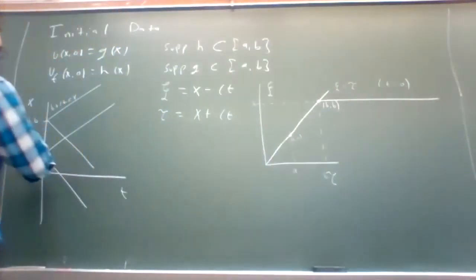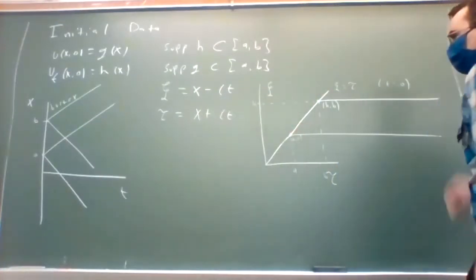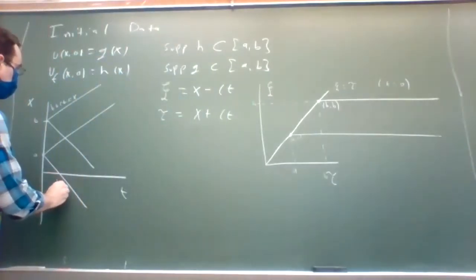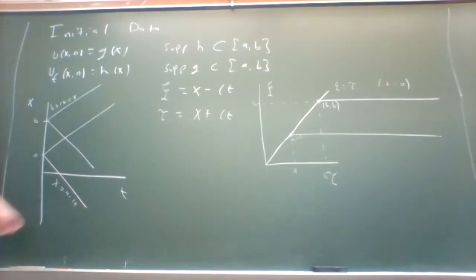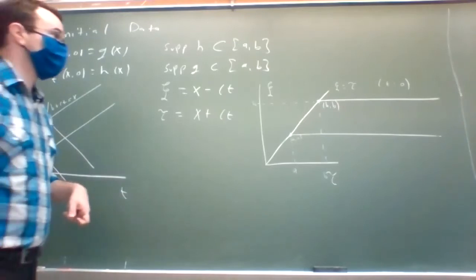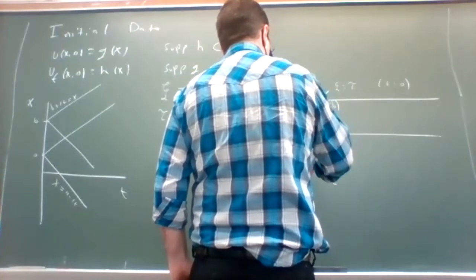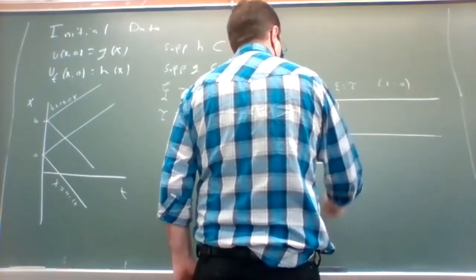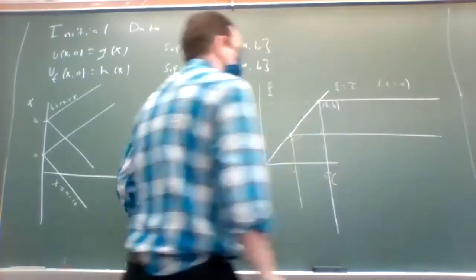And similarly xi equal to a. And now here we have x is like a minus ct. So constant a is equal to x plus ct, so a is equal to tau. So I'm getting now this vertical line. And also b is equal to tau, giving me that vertical line.